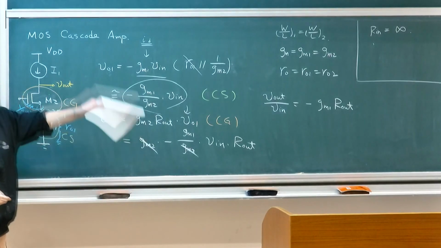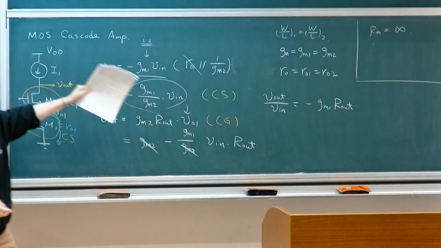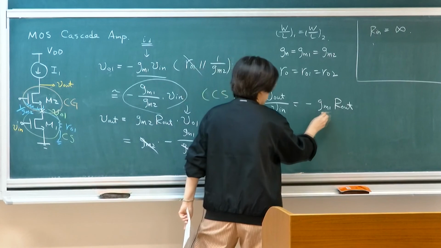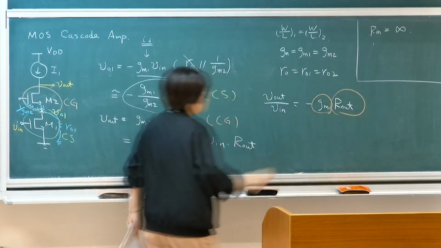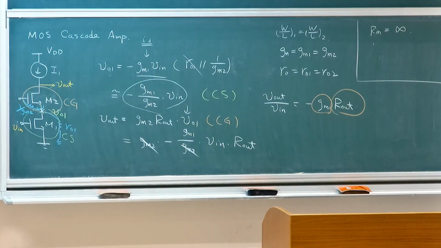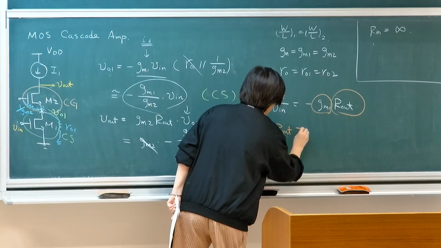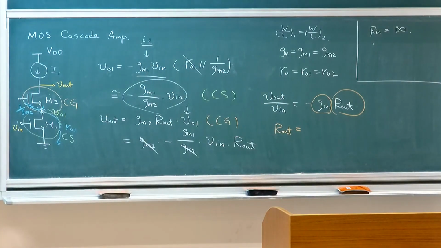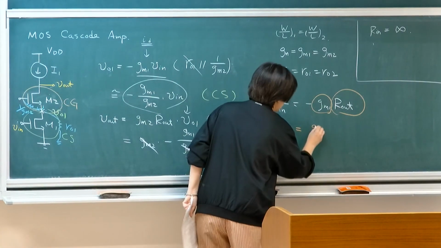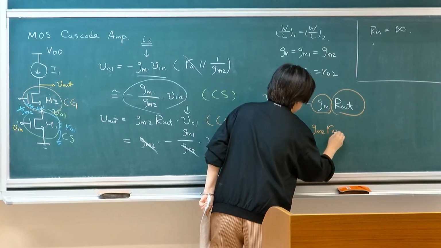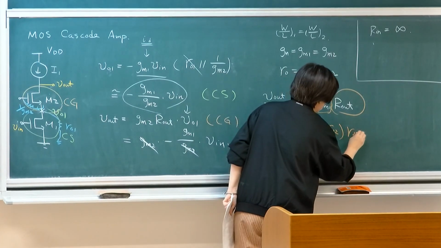You see something familiar. It's the same as our previous transconductance analysis. It's the transconductance of the first stage times the overall output resistance of the cascode stage. So we know that Rout equals, go back and check using this equation, just to be precise, GM2 RO2 times RO1.